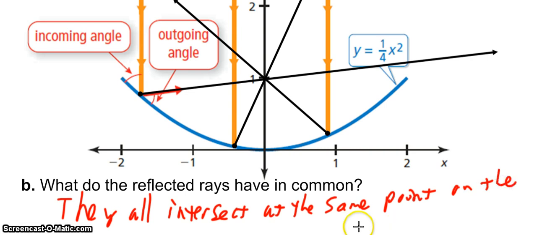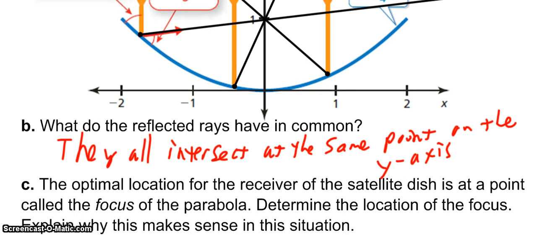And that point is on the y-axis. So the optimal location for the receiver of the satellite dish is at a point called the focus of the parabola. Determine the location of the focus, explain why this makes sense in this situation.